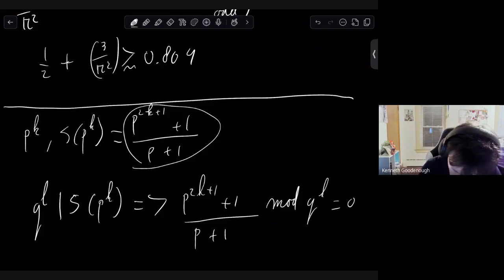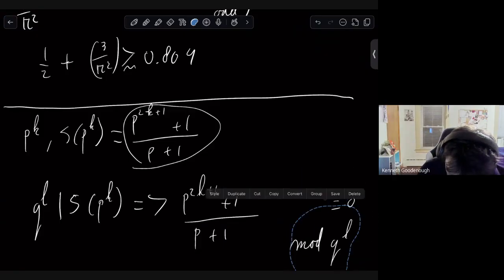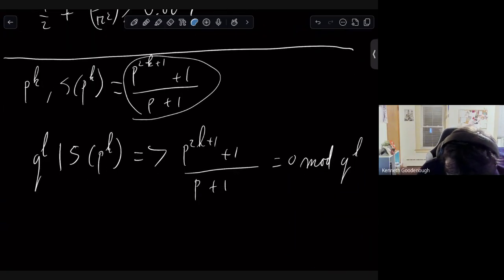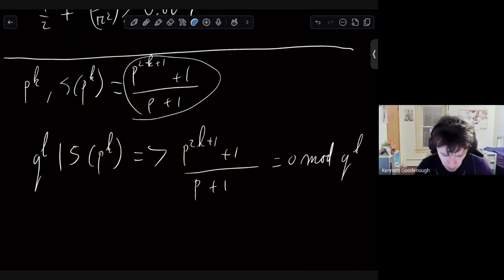Let me fix this notation. This is terrible. This is 0. Okay.